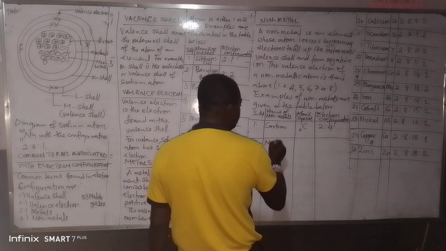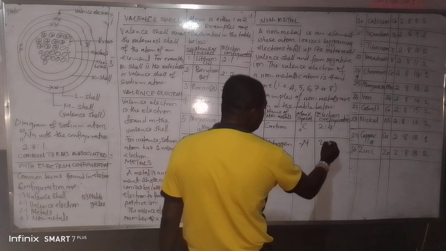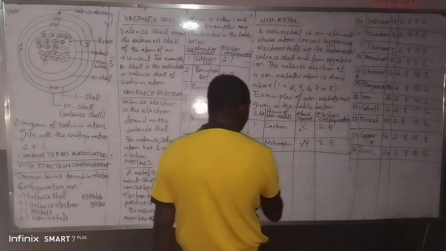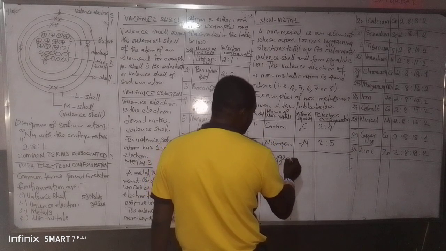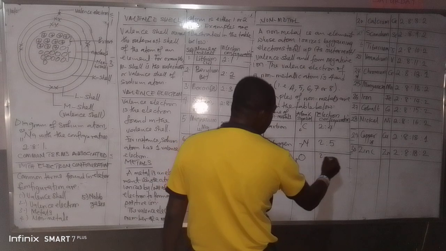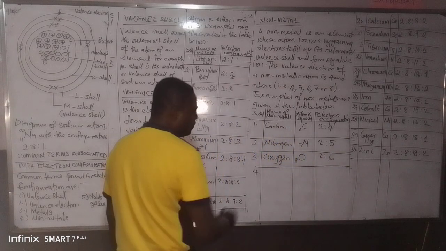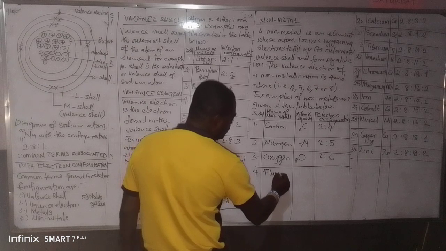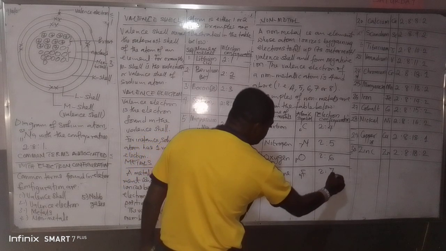Another one is nitrogen, N7, 2 to 5. Next is oxygen, O8, 2 to 6. Next is fluorine, F9, 2 to 7.